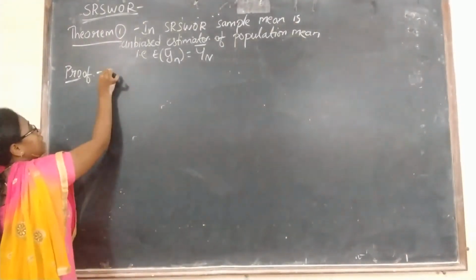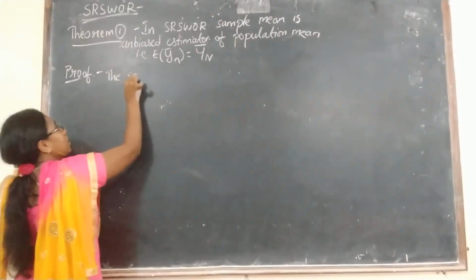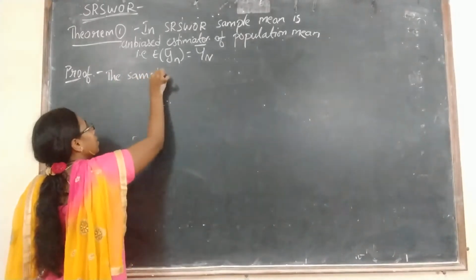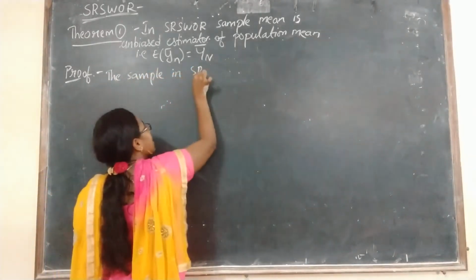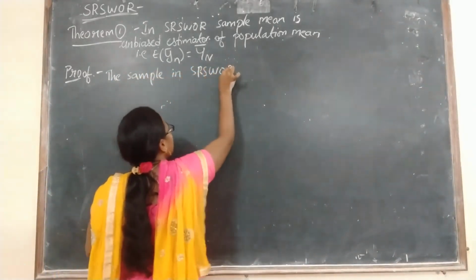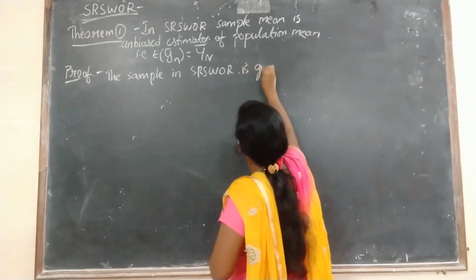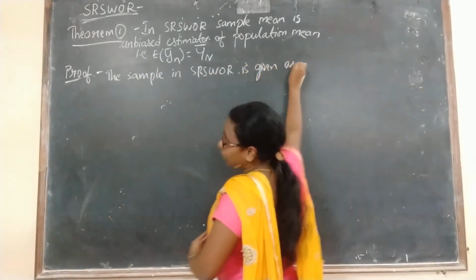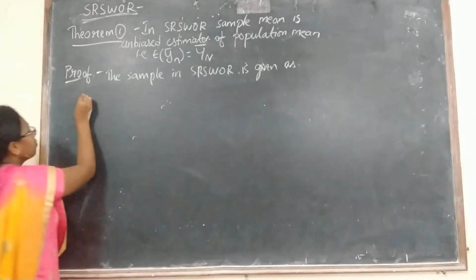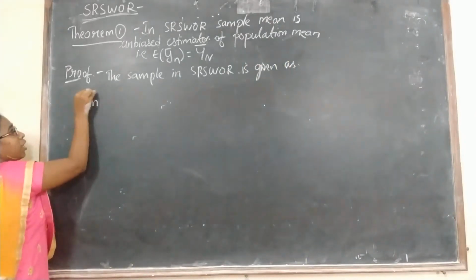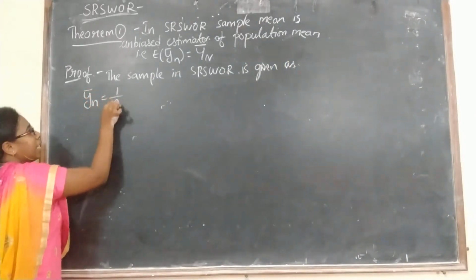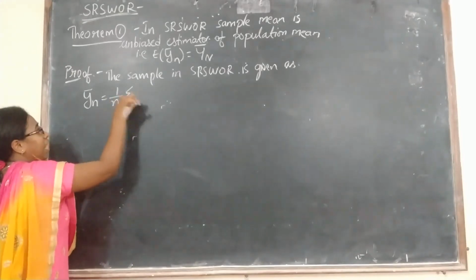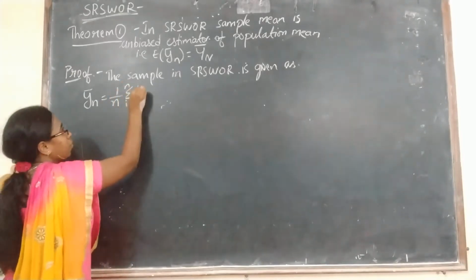First write down the sample mean value. The sample mean in SRSWOR is given as yn bar equals 1 by n summation i equals 1 to n yi.